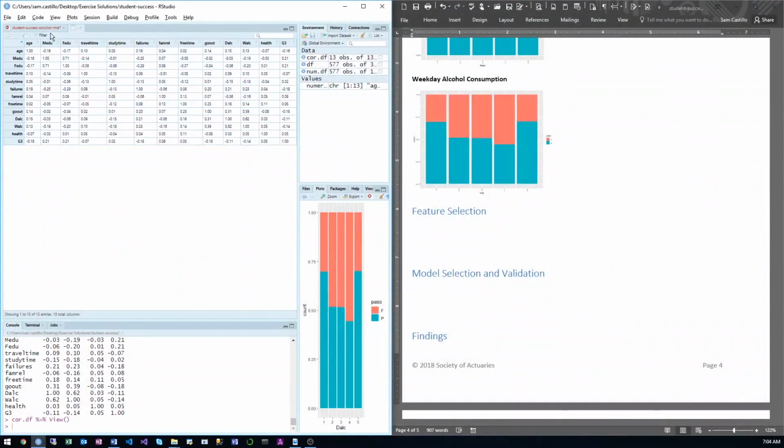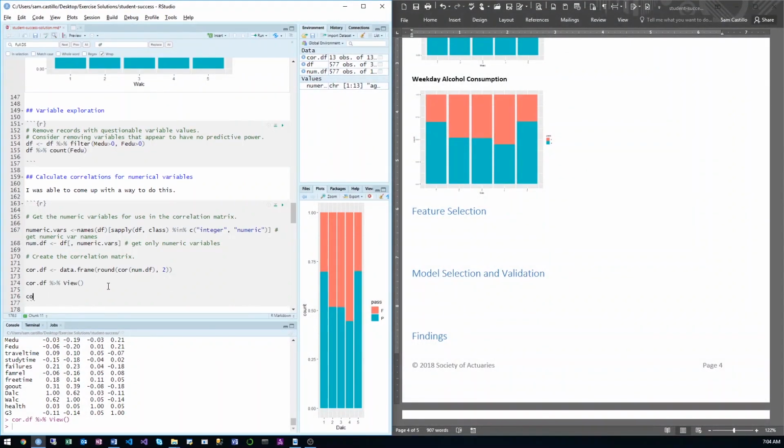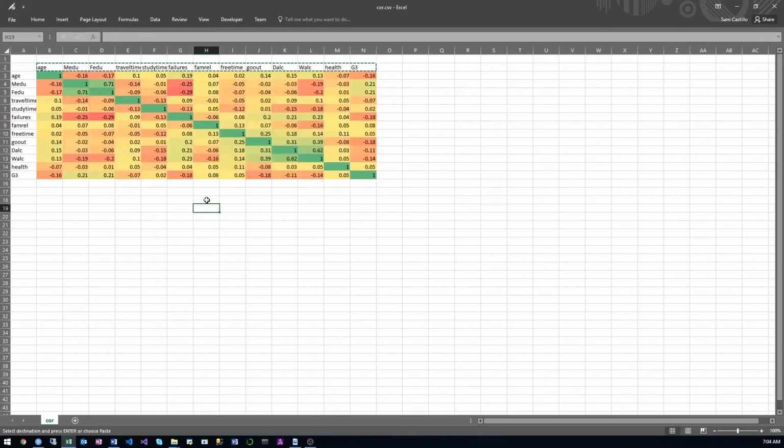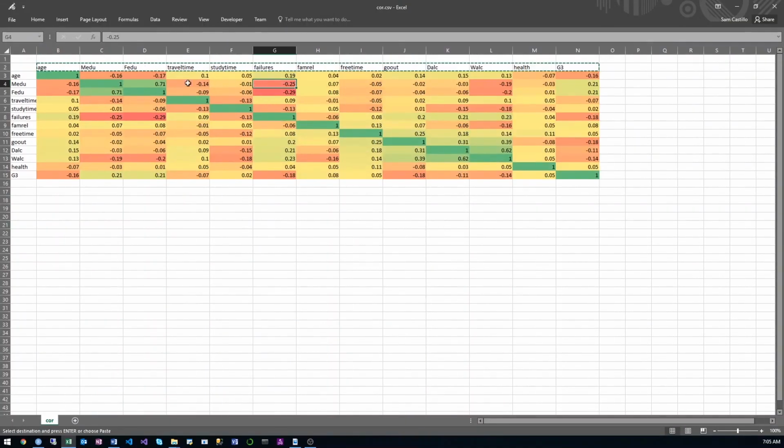We could write this to a CSV file, corr df write CSV, and okay, I can see that failures is negatively correlated with mother's education. Father's education is also negatively correlated. So as you increase their mother's or father's education, you decrease the number of failures.